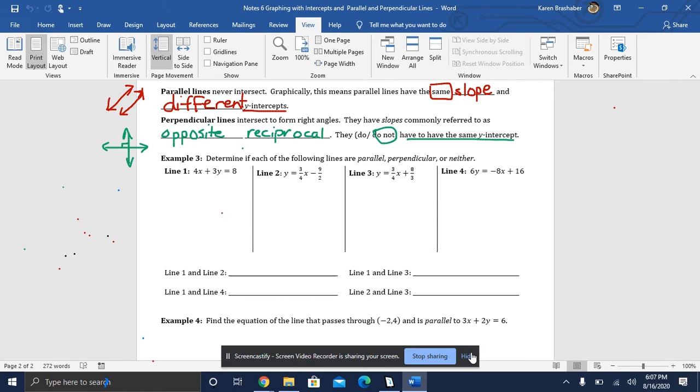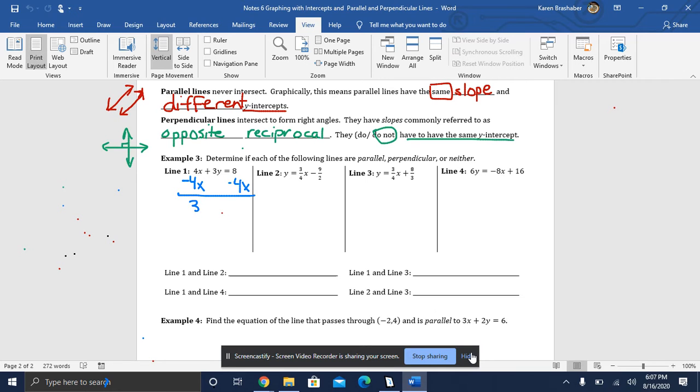We're going to look at some equations in example 3 to determine if pairs of lines are parallel, perpendicular, or have neither relationship. The first thing you'll need to do for each one of these equations is to solve for y. For the 4x plus 3y equals 8, we'll need to subtract 4x from both sides of the equal sign.